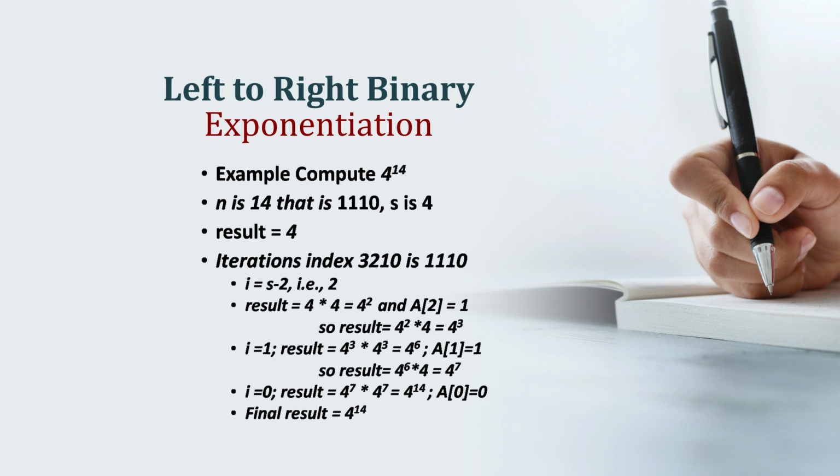So the result will be squared for the first iteration, it becomes 4 to the power 6, and since A1 equals 1, it becomes 4 to the power 7, and for the 0th position, when we once again multiply 4 to the power 7 into 4 to the power 7, it becomes 4 to the power 14. Since A0 was 0, we obtain the final result as 4 to the power 14.